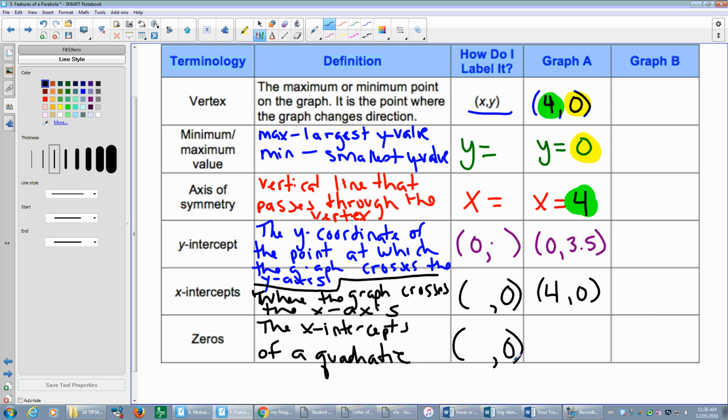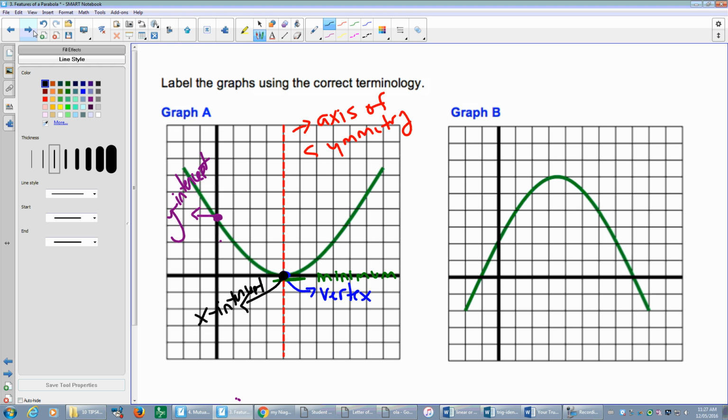So again, it would be actually the same thing here for 0. Okay, so again, when I go back to my graph here, this is my x-intercept. I'm also going to put here that that's my 0. Does anyone have any questions with A?